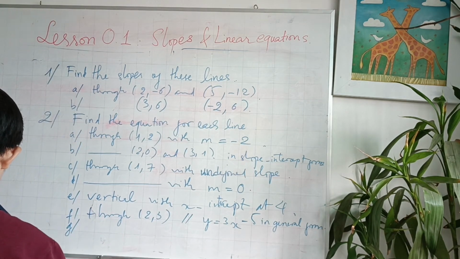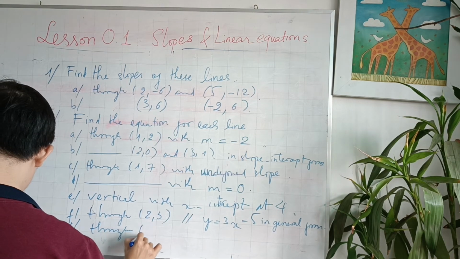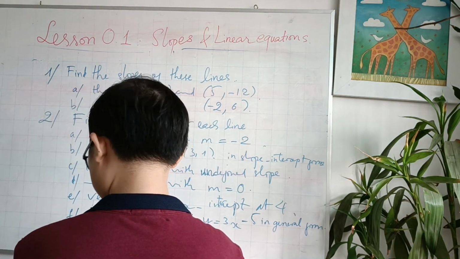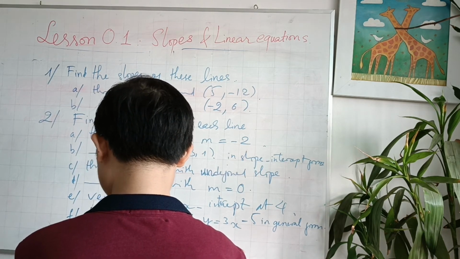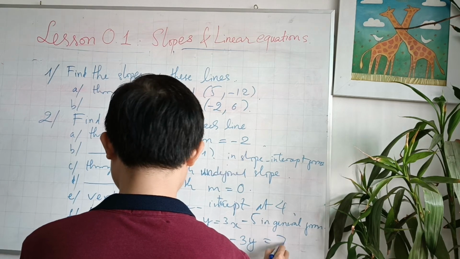G: through 2, 3 and perpendicular to the graph of 2x minus 3y equals 7.